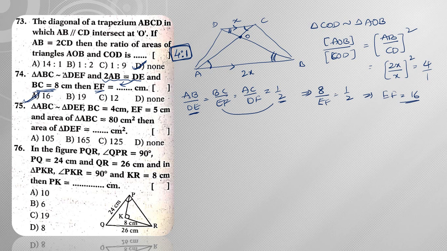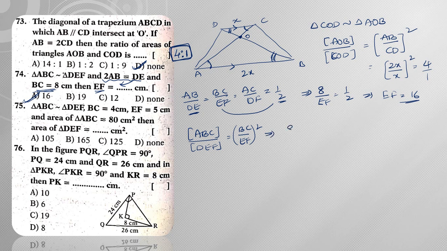Next, triangle ABC is similar to triangle DEF. BC is equal to 4, EF is equal to 5, right? Area of triangle ABC is 80. So from this I can say area of triangle ABC by area of triangle DEF will be equal to the square of the corresponding sides. Here it is talking about BC and EF, so BC by EF whole square.